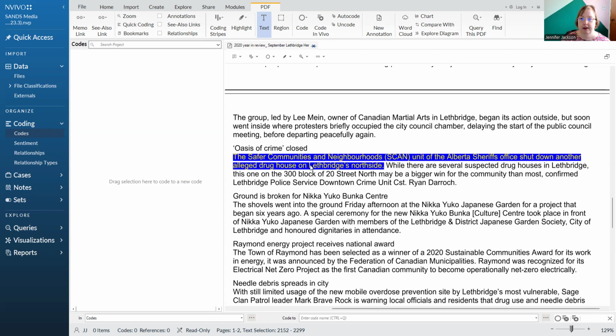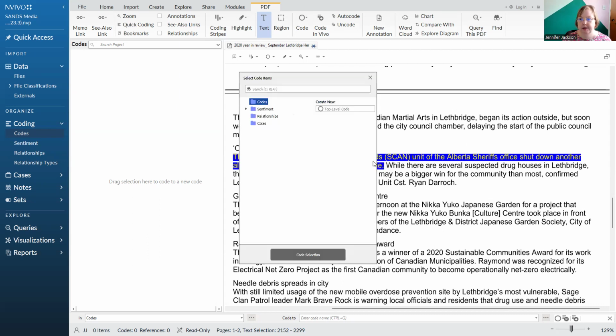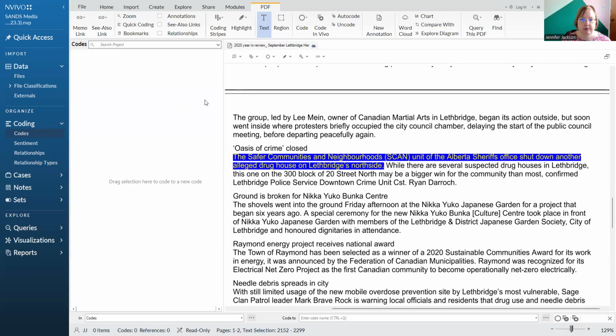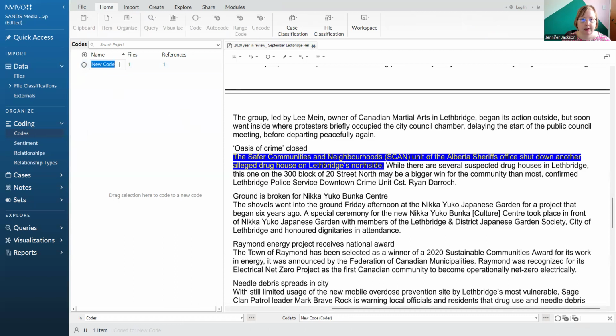I'm going to code this as, let's say, police action. So the police did a thing. If I find other examples of the police doing a thing, I'm going to code there.